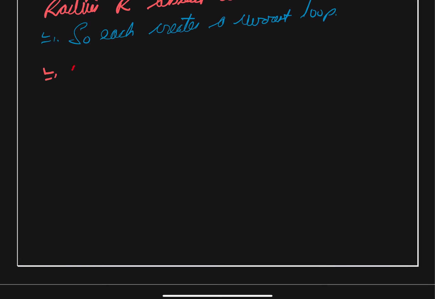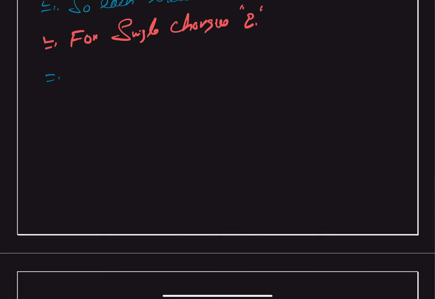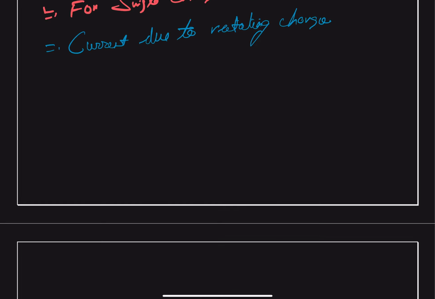For a single charge q, the current due to the rotating charge, if represented as I, will be equal to q divided by t, and the t will be our 2 pi by omega. So this comes as q omega upon 2 pi.